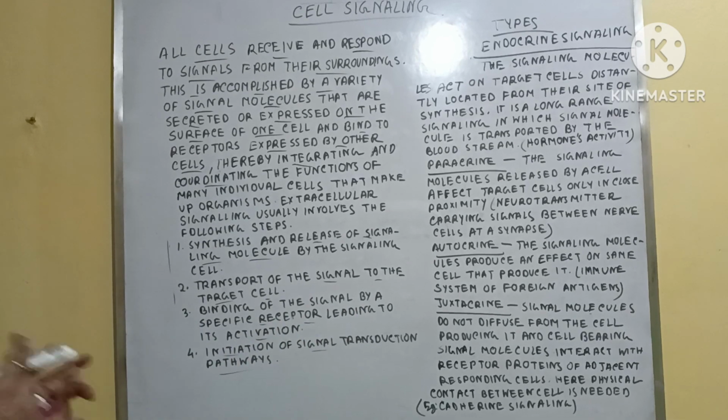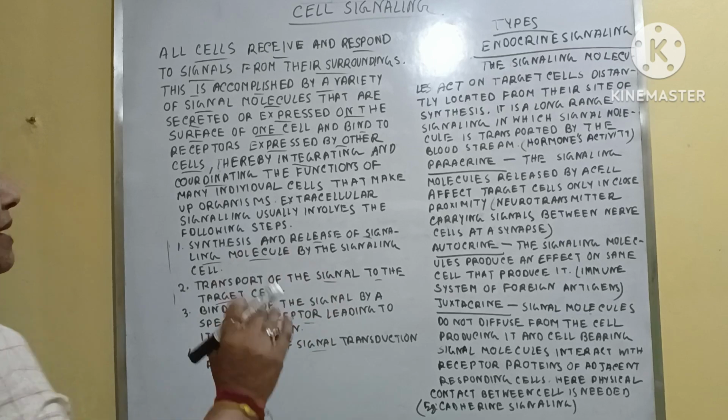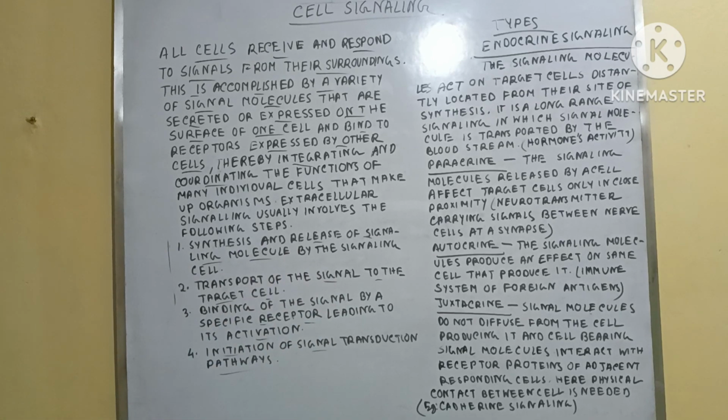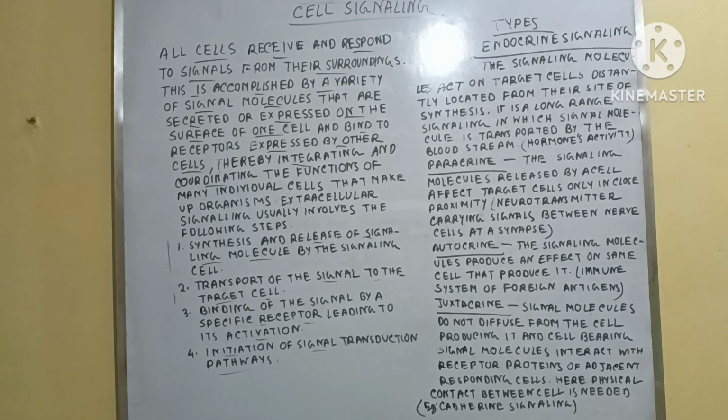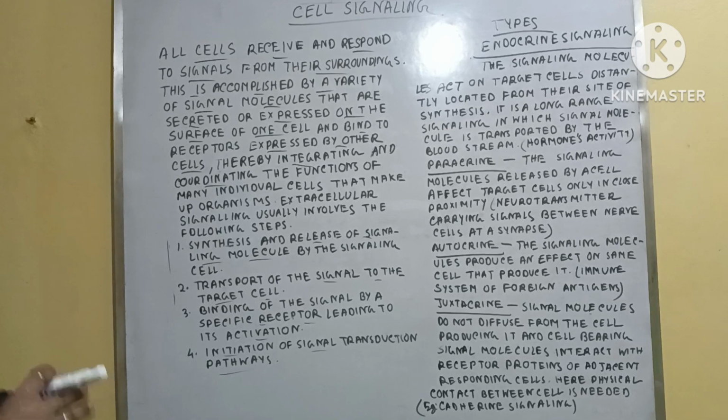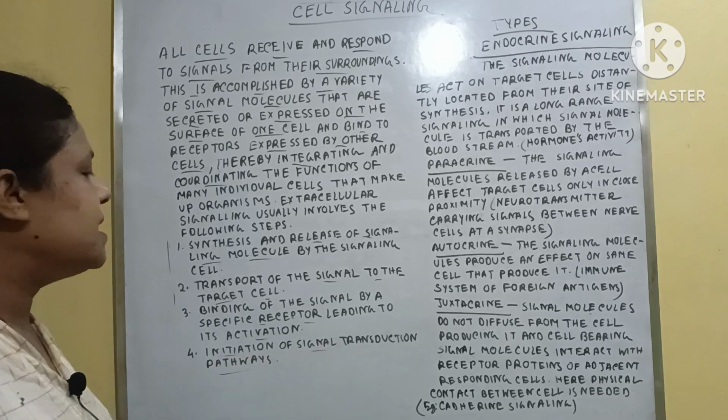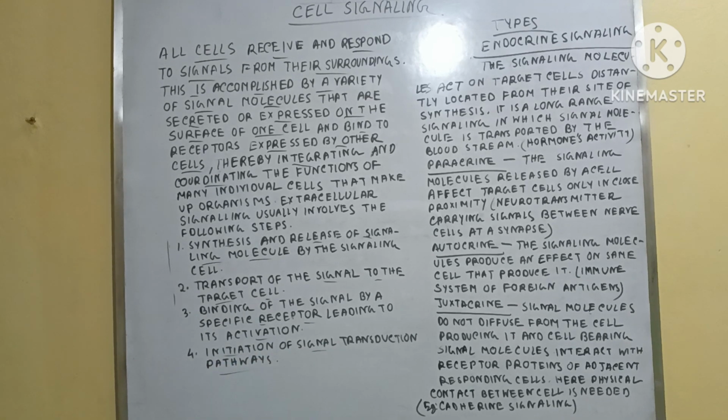That means just after capturing the signals by a particular cell, which is possible due to the presence of the receptors, the activation of the cell starts. And the fourth one is the initiation of the signal transduction occurring within the cell that captures the signals from the surroundings.